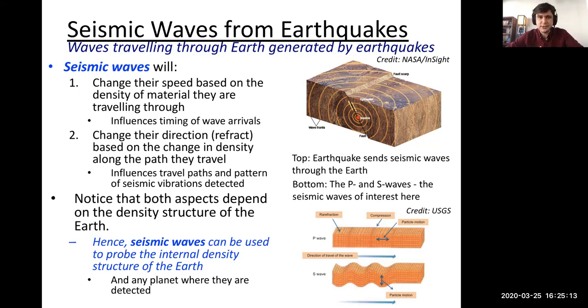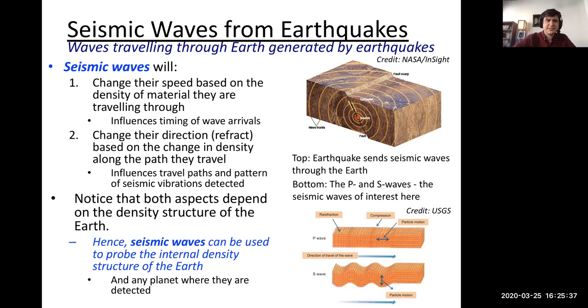The denser the material, the faster they travel. Sound waves, a type of pressure wave actually, travel slowest in gases, so low density stuff. Then as the density increases, they'll travel faster in liquids, and they'll travel really fast in solids. So the denser a material is, the faster the wave will travel.